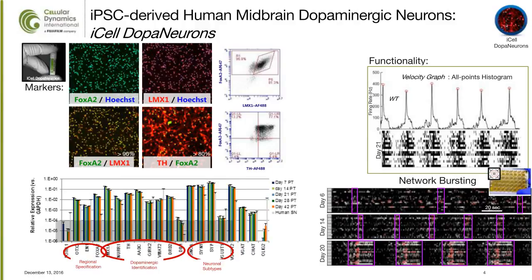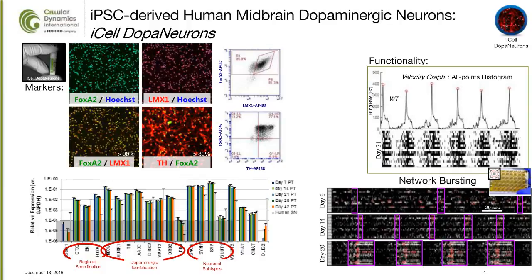These neurons express the appropriate markers compared to the human substantia nigra cells, and when placed on the multi-electrode array platform over days in culture, beginning with day 6 and going all the way to 3 weeks in culture to day 20, they start to organize themselves and create large synchronous bursting behaviors.